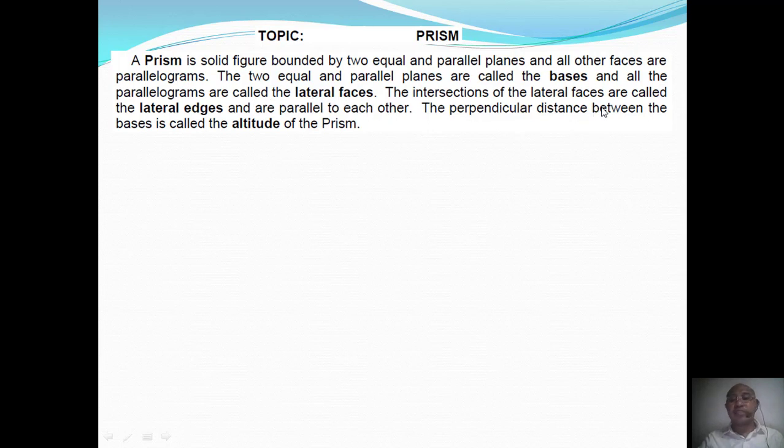The intersections of the lateral faces are called the lateral edges and are parallel to each other. The perpendicular distance between the bases is the altitude of the prism.